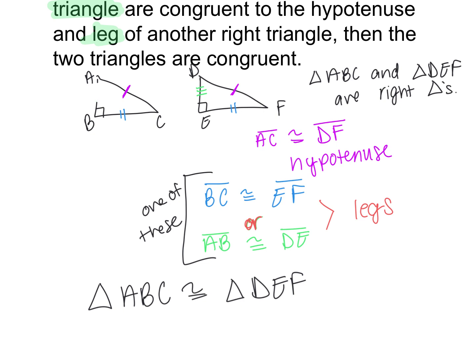If these congruency marks weren't here, looking at it, it's not side, side, side anymore. Now I would consider this hypotenuse leg. I have one hypotenuse, one leg, and it is a right triangle. Then I automatically know it's hypotenuse leg. Okay, but I'm just giving you all two legs so you could understand it doesn't matter which leg is congruent. It just has to be one in order for it to be a hypotenuse leg.